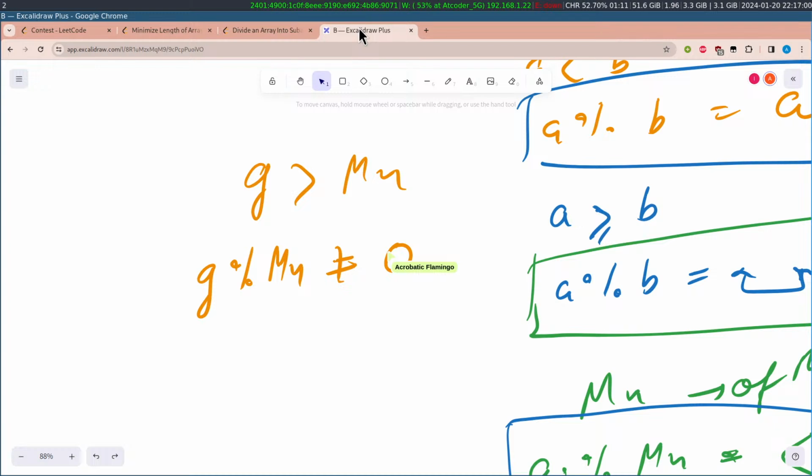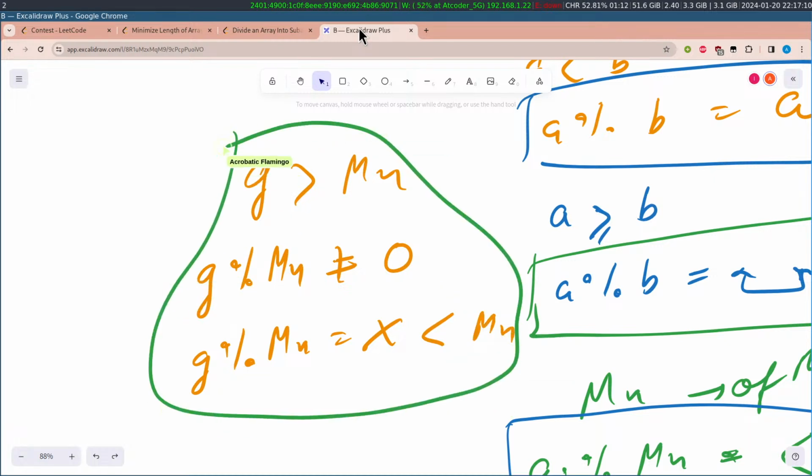Then notice that the resulting value x is less than minimum. If you are able to perform an operation like this, then this x would be the new minimum, and the number of times it appears is 1. And now using this x, you can freely delete all the other elements. So this is the main idea.